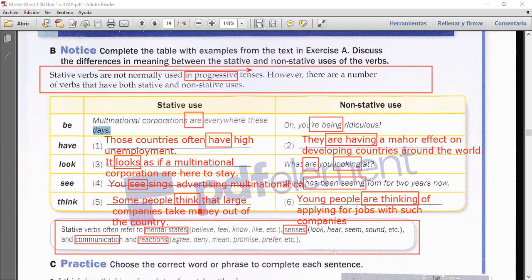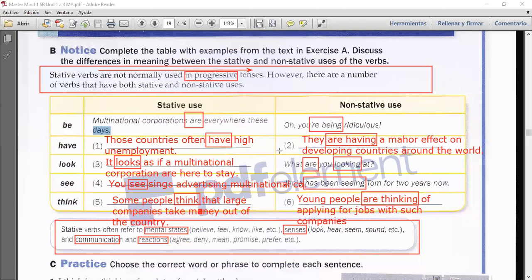Teacher, is the non-stative verb always used in progressive? Non-stative verbs are sometimes known as action verbs, not all the time.